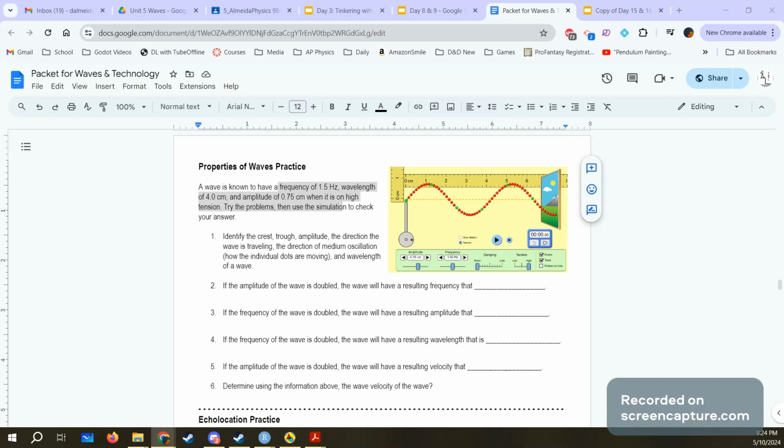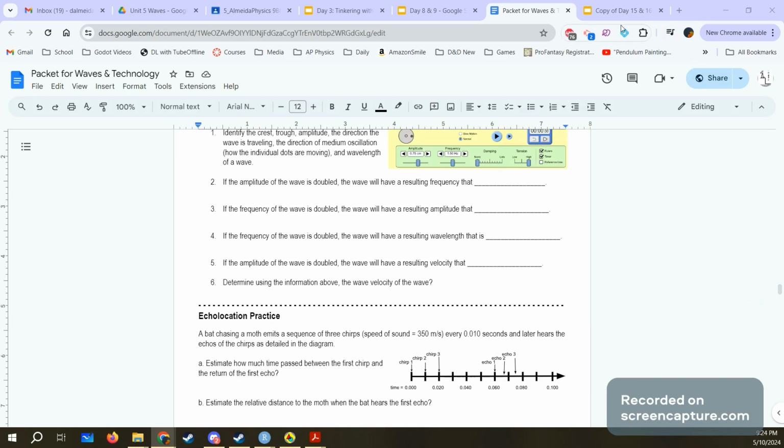So all we need to do is just multiply those two things together, and we get that the wave speed must be 6. That's the only way that that statement is true. And we would have 6 divided by 1.5 is 4. Yes, that checks out.